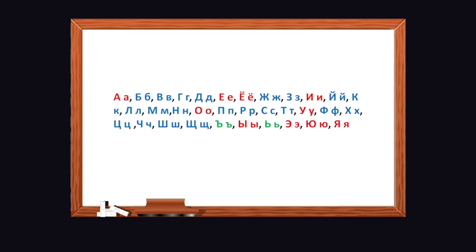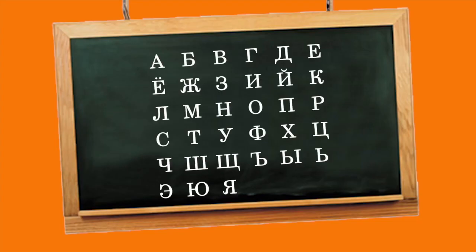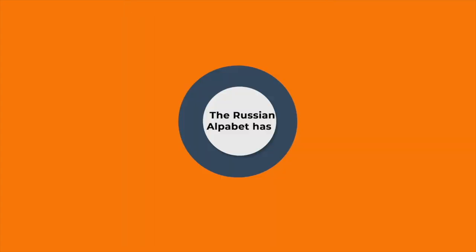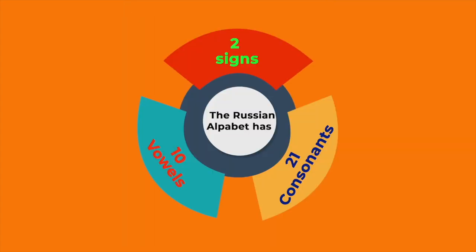As you know, in the previous modules we have discussed the Russian alphabet, its origin and structure, and then all 33 letters of the Russian alphabet. We further distinguished them as vowels, consonants and signs.